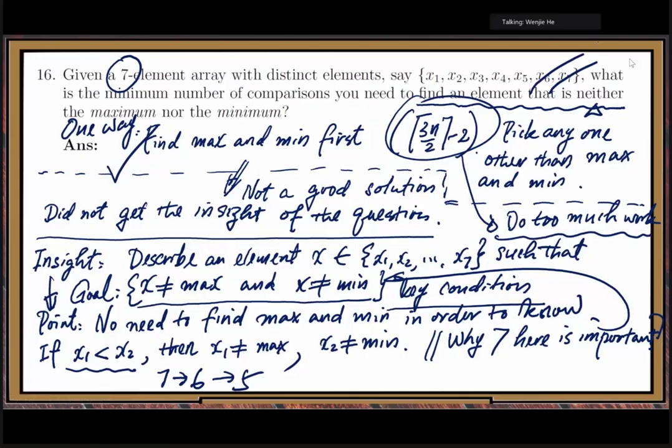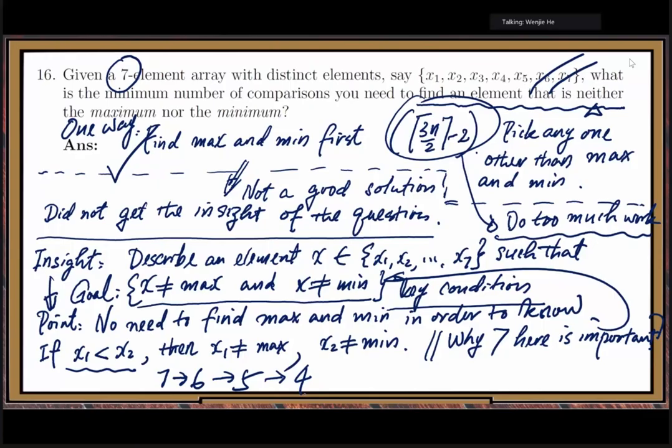We answer the same question with 1 fewer element. Can we find a solution there? Then another step. Can we reduce the problem size to 4? We take 4 elements from the given array, and we try to find 1 element, not the maximum, not the minimum.